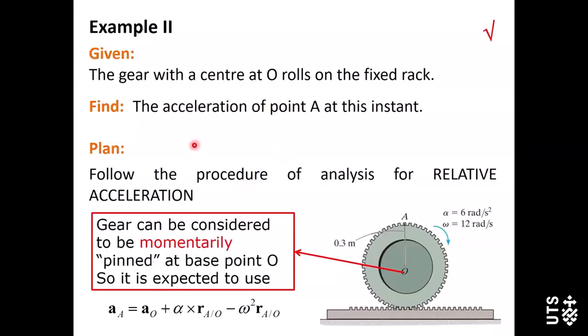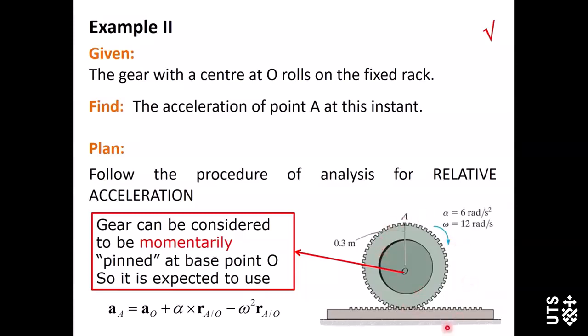The second example is similar. Here, there is a gear. A gear is rolling on a gear rack. And previously, I have already mentioned, between two engaged gears, or between a gear and a gear rack, we normally assume no slipping occurs between them.